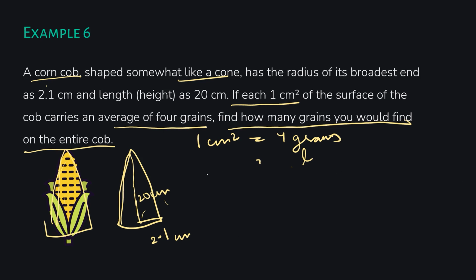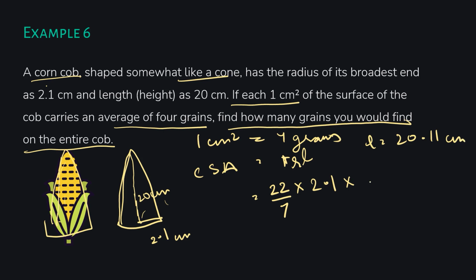Now we have our CSA as pi r L, and since there is no mention of how we can take pi, we can choose either 22 by 7 or 3.14. I'll take 22 by 7 since it makes our calculation easier. So 22 by 7 into r. R is given as 2.1 centimeter, and our length we have just found out is 20.11 centimeter.